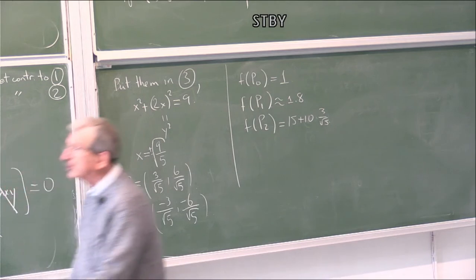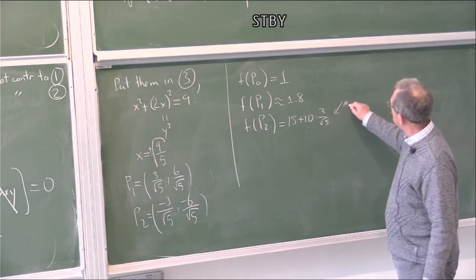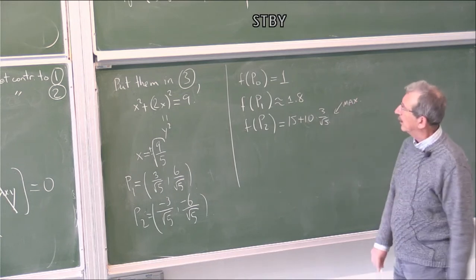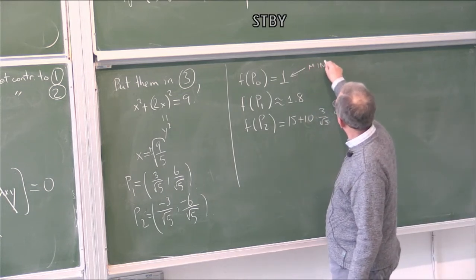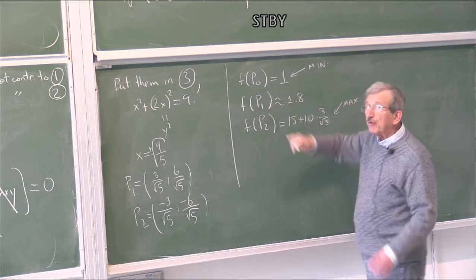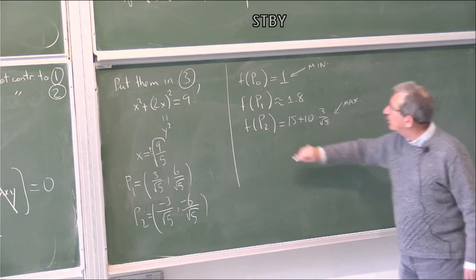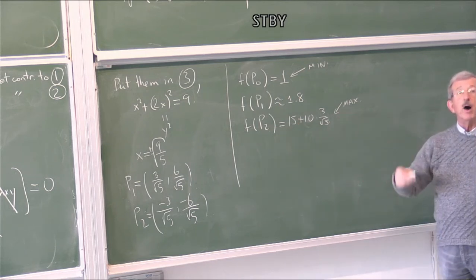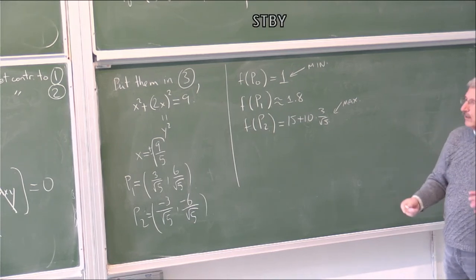So it follows that indeed this gives maximum, and this gives minimum. Note that this P0 came from a critical point. This P2 came from the boundary. So it can happen.